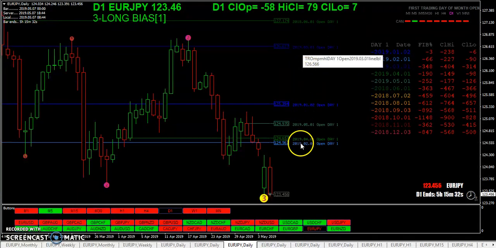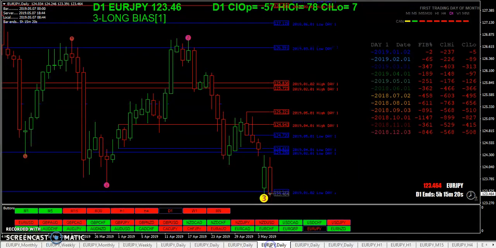And you can see here's the 5 opens for the 5 months of this year, and we're below all of them. See, we're just totally red here. And on the range, you can see first trading day of the month, we are out of the ranges. It's pretty telling when you see these things.